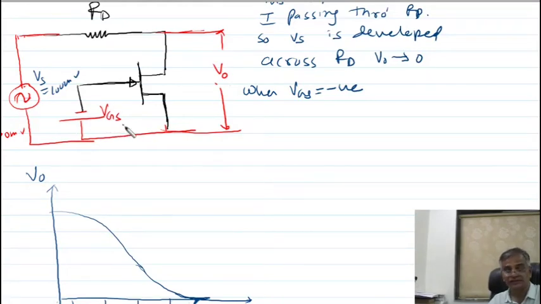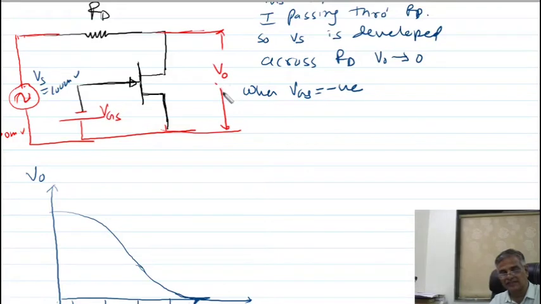In short, very small power at the gate can control the large power in this circuit. In this way, the property of the FET as a VVR is used to attenuate the voltage.